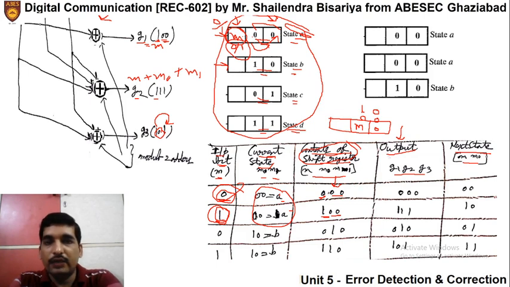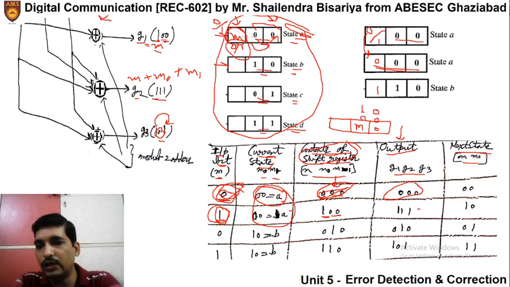So for the first case, when the state is A, this bit may be 0 or this bit may be 1. So let us say I write 0 here and 1 here, right? The case when it is 0, the contents of the shift register are 0 0 0. So that is why we have written that the contents of the shift register are 0 0 0 and the present state is A when the input is 0. At the same moment, if we find the value of G1, G2, G3, since all are 0, obviously XORing of all of these will be 0.